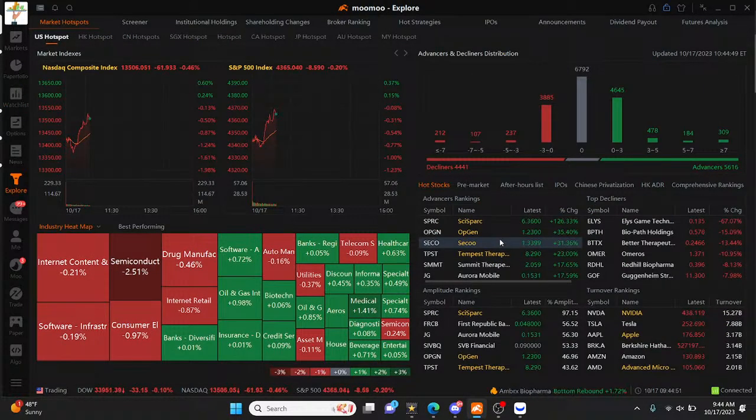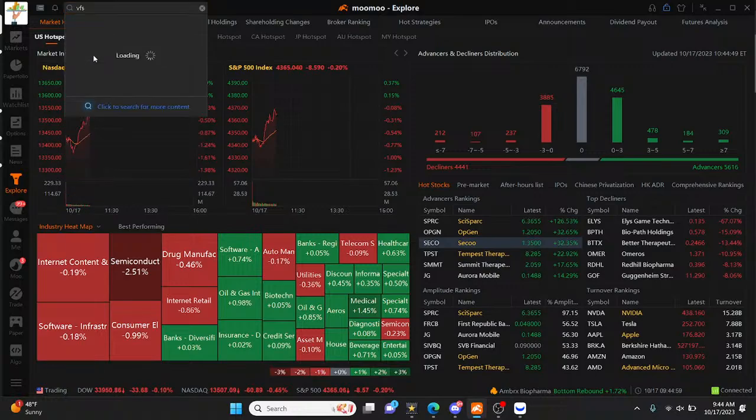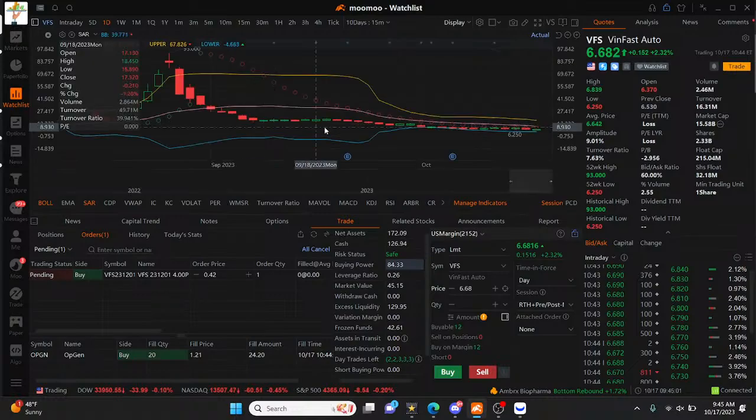And just for a small, quick day trade, what are we looking for? I want to check the open fast really quickly as well. Okay.